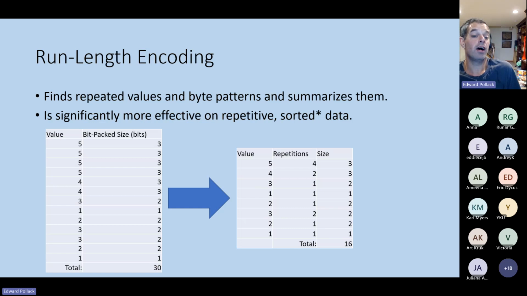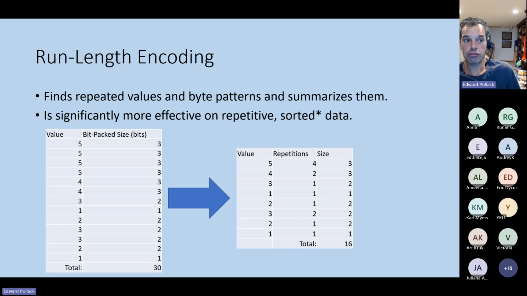My example here, data is not sorted. I have 5, 5, 5, 5, 4, 4, 3, 1, 2, 3, 3, 2, 1, not sorted. And so I still save almost 50% on storage with this unsorted pile of random stuff that I made up. But you can save more. So keep that in mind as we talk more about encoding and compression, that ordered data will compress better always.